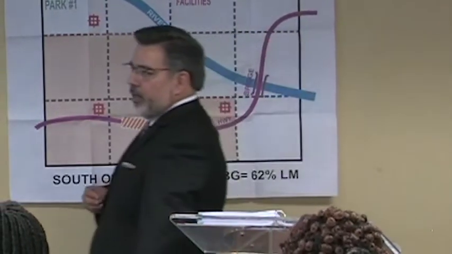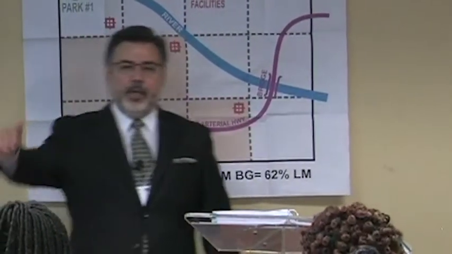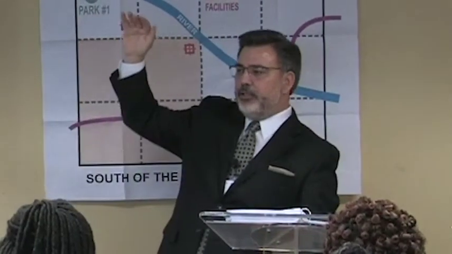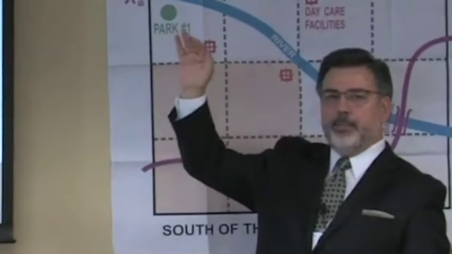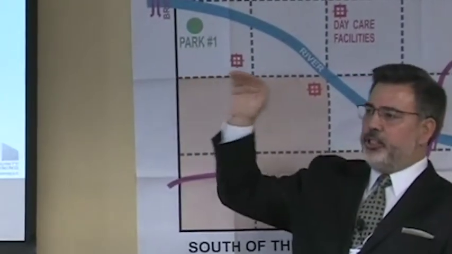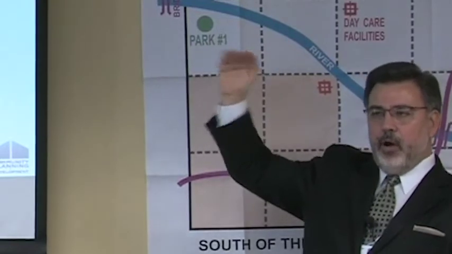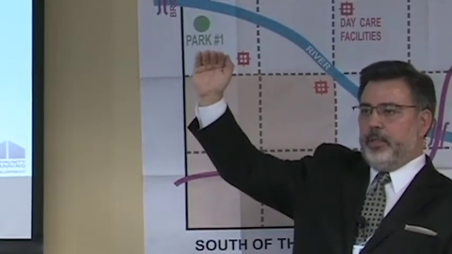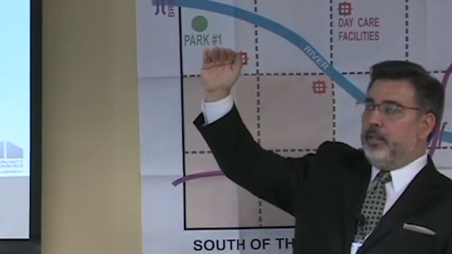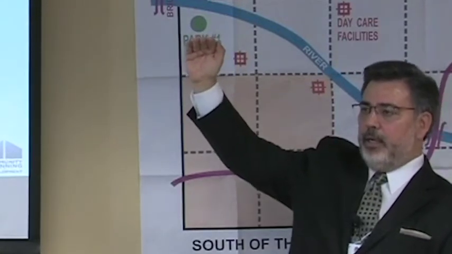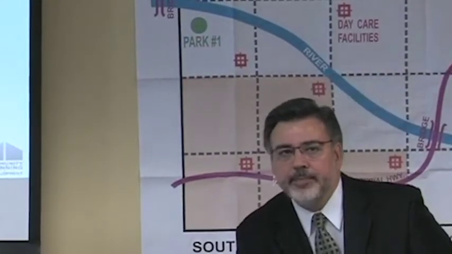It's what is called the upper quartile. If we had 100 block groups, okay? And we listed them all in the order of the highest percentage of low and moderate income people, or the highest number of low mod, to the lowest, okay?